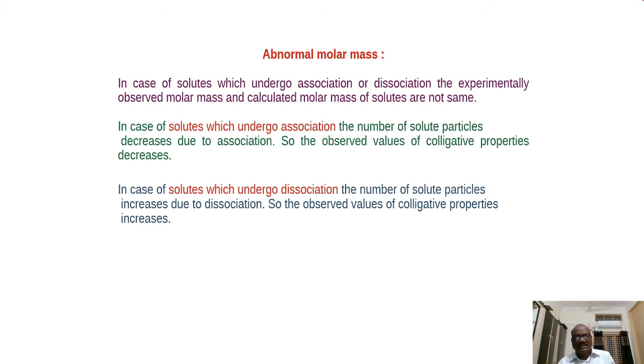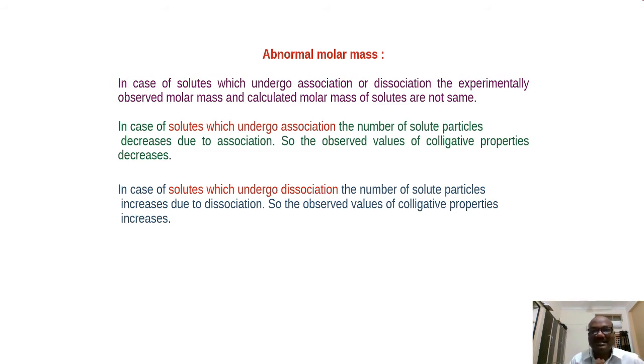But in the case of solutes which undergo association or dissociation, the experimentally observed molar mass and the calculated molar mass of solutes are not the same. For example, NaCl. We know the formula mass of NaCl is 58.5. When we perform colligative property experiments to determine its molecular weight, the experiment will not show 58.5.